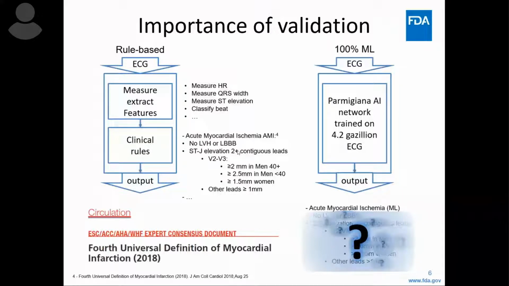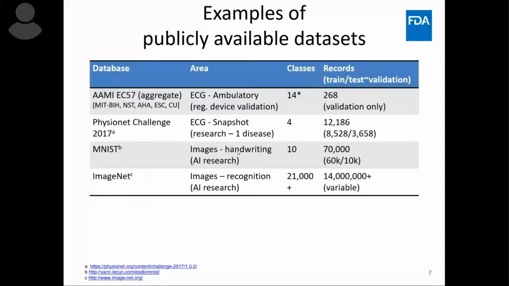To do that, we will talk a little bit later about that. What is the type of validation data that we usually see? For traditional ECG devices, for traditional arrhythmia detectors, we have traditionally seen the C57 database.